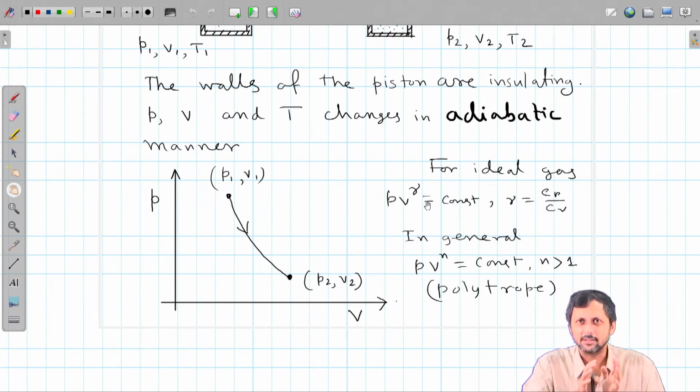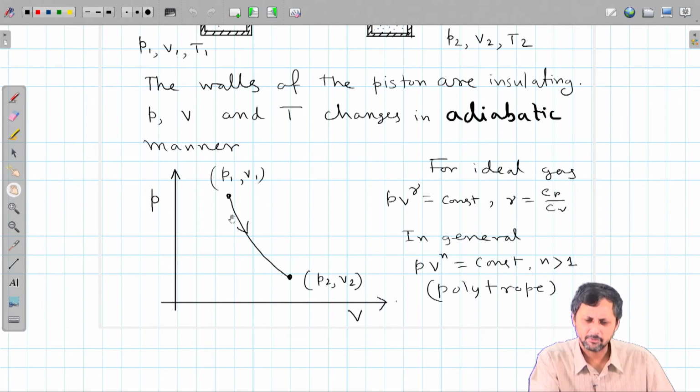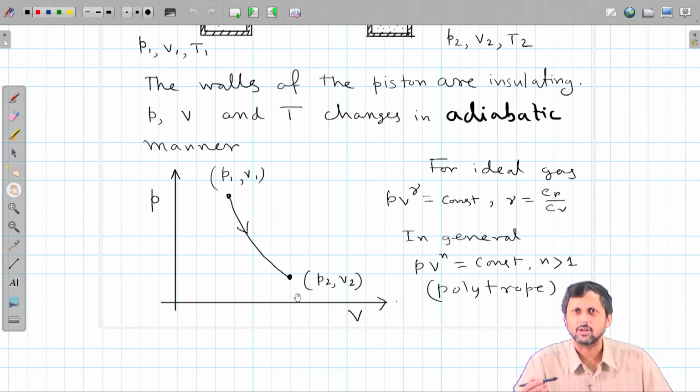In general this is called a polytropic process, and the only assumption we have during this process is that the heat capacity of the system remains constant. We will come back to that. So please remember, PV to the power n with n greater than 1 is the equation of a polytrope, and for any polytropic process we have an indicator slope which is greater than the corresponding isothermal process.